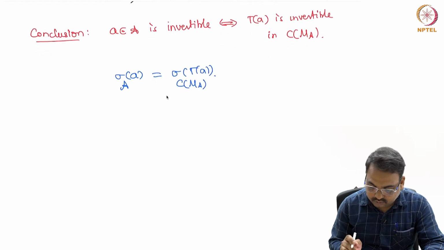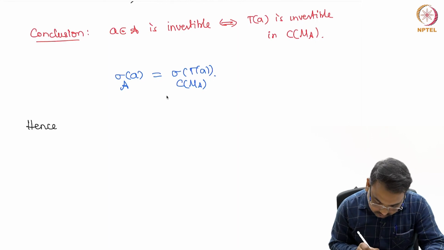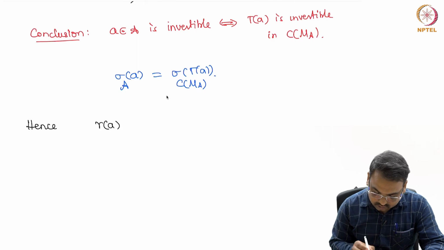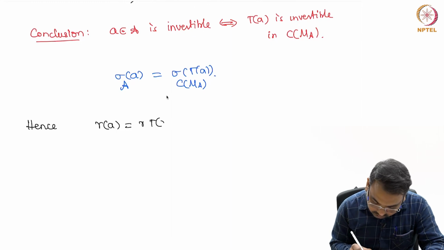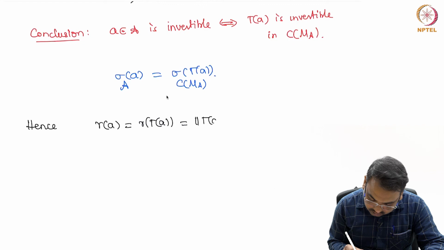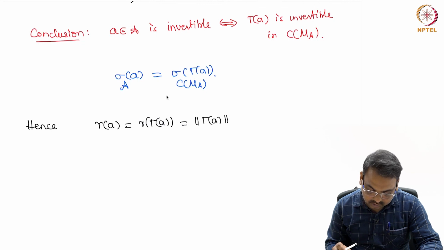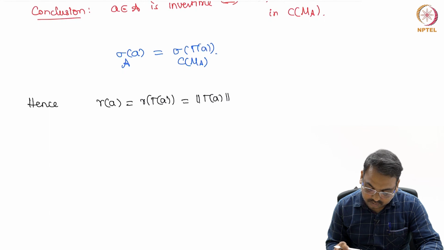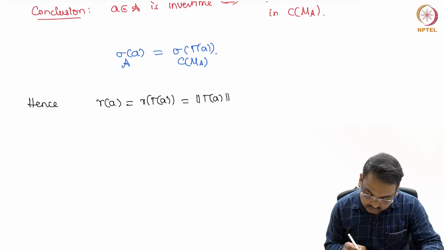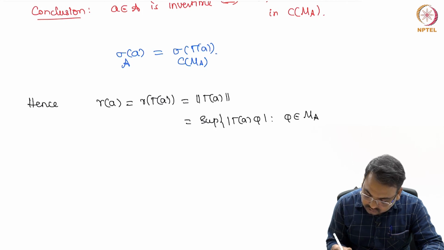Okay. Now from this we can conclude that the spectral radius of A is nothing but the spectral radius of gamma A, and that is nothing but the norm of gamma A. This is nothing but the supremum of mod gamma A phi, where phi is coming from MA.